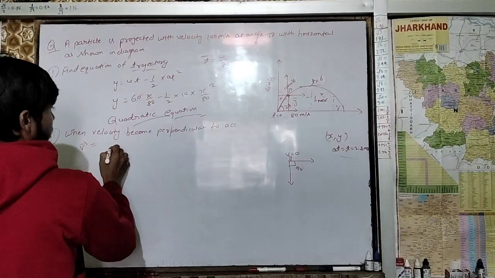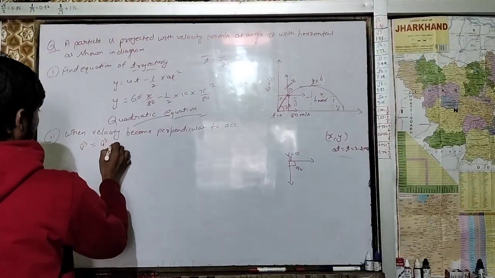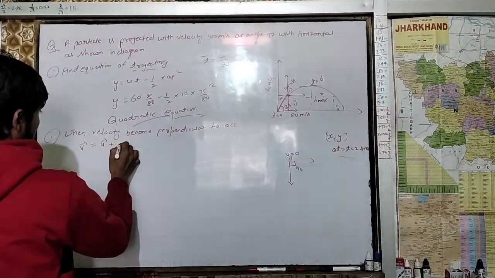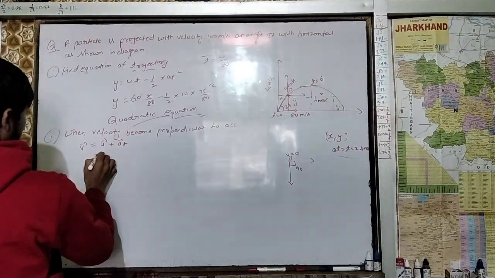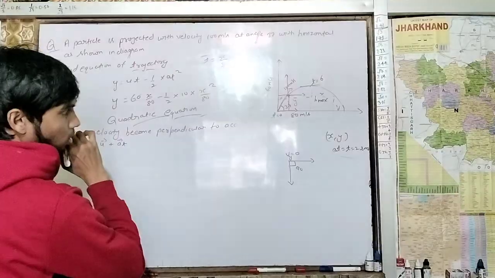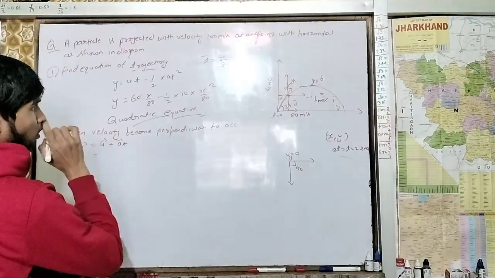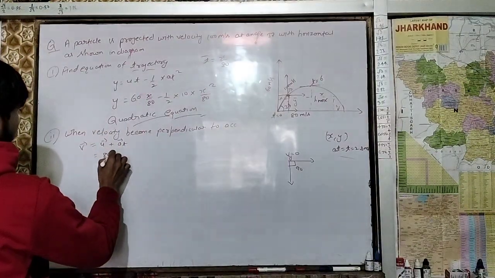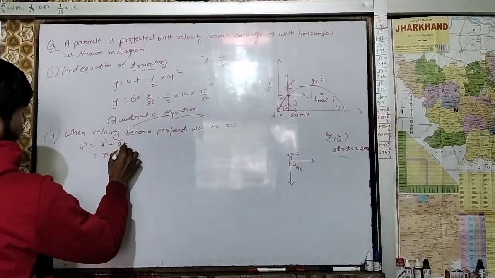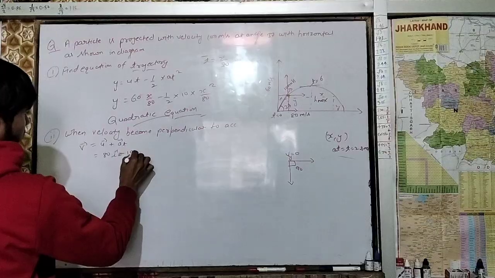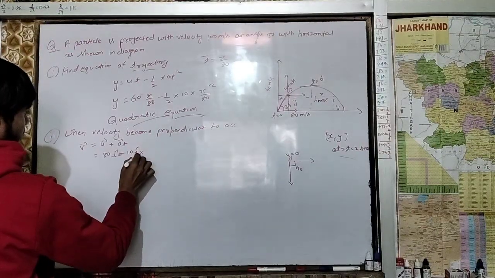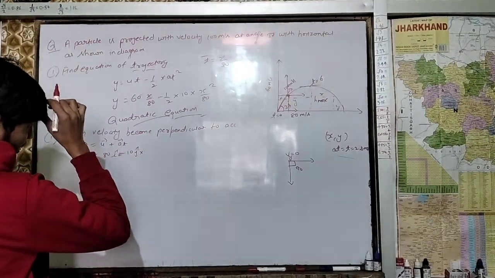U is a vector, plus a vector A times t. U is 80 i cap, A is minus 10 j cap.